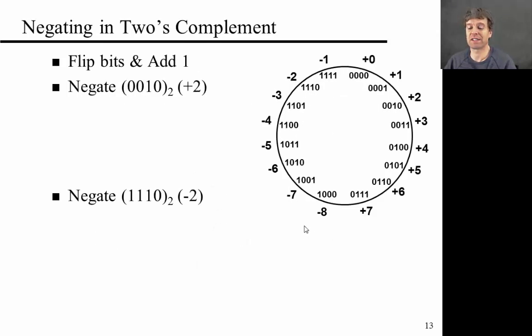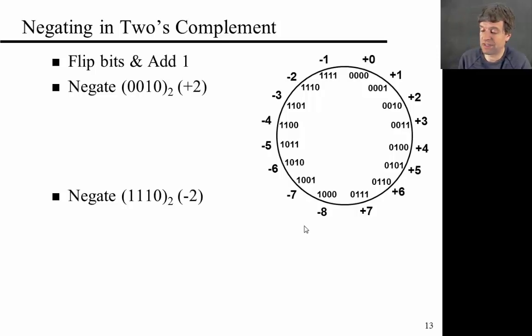Okay, so now the question we want to ask is, how do you generally go from a negative to a positive number in 2's complement? This is going to be really important that you remember this little bit of information. Essentially, the algorithm is that you take the number that you have, could be positive or negative, you flip all the bits and you add 1.